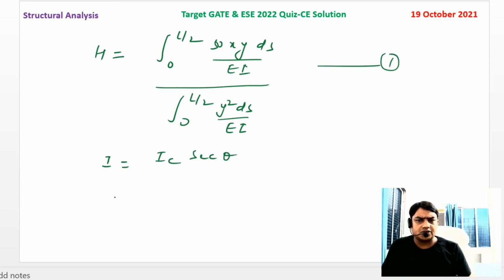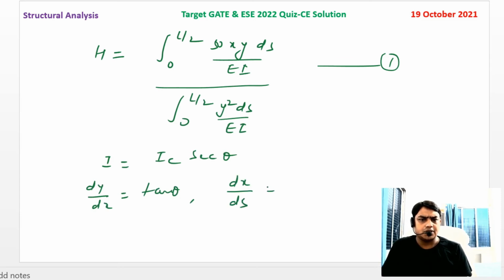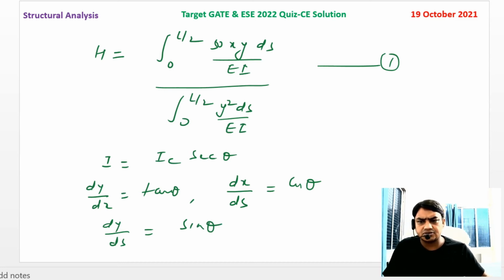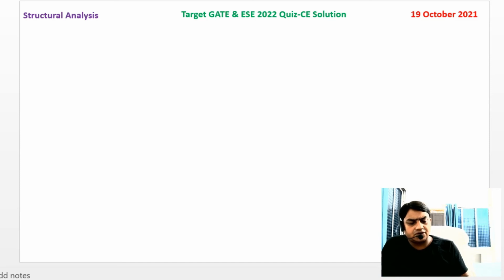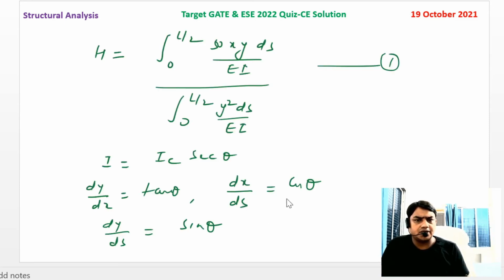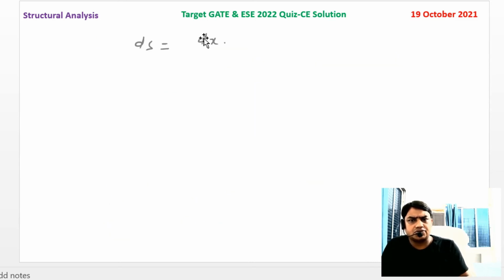We can write dy by dx equal to tan theta, dx by ds equal to cos theta, and dy by ds equal to sin theta. So ds can be written as dx sec theta.